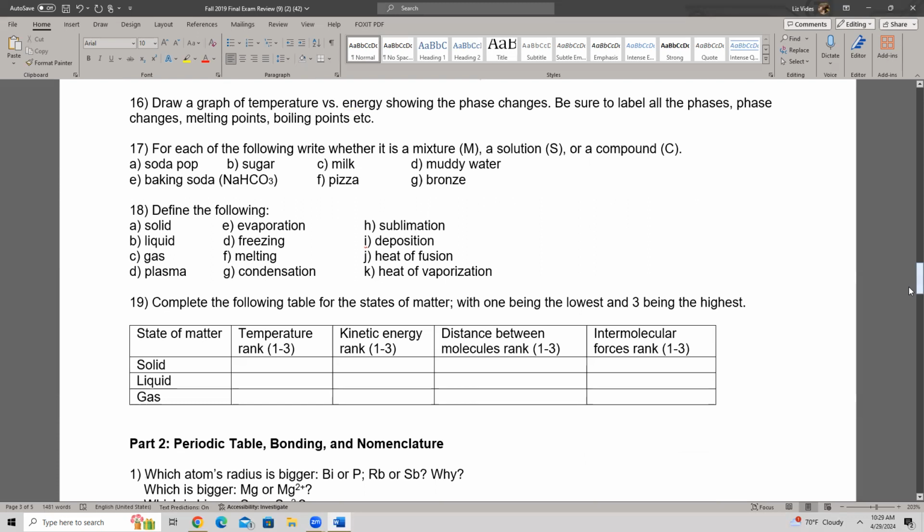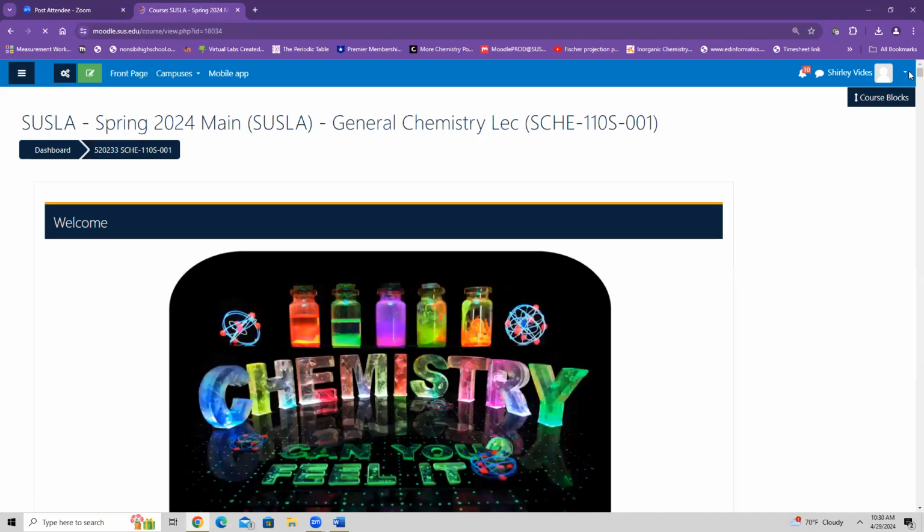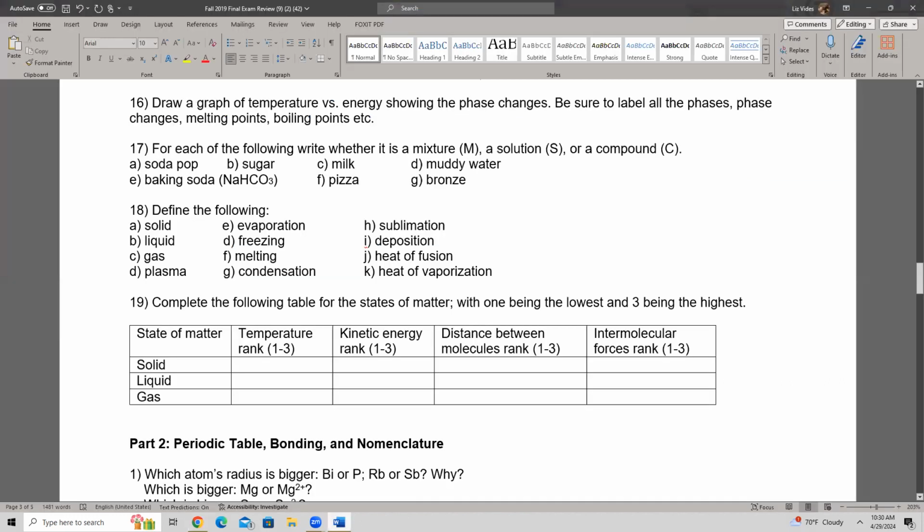Draw a graph of temperature. Okay, so for this one, you don't have to draw it, but you can go to your matter section. You notice it says energy, right? See how it says energy, temperature, right?